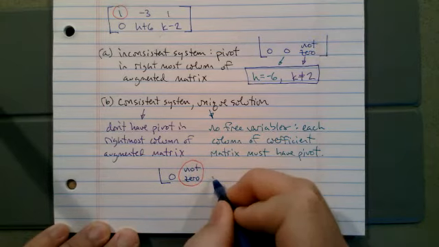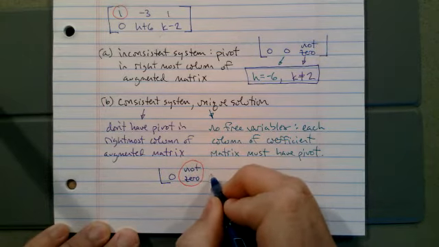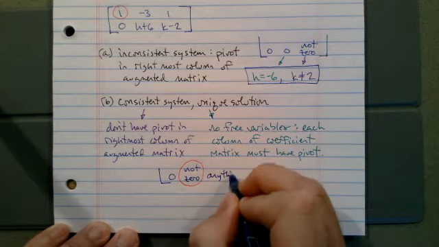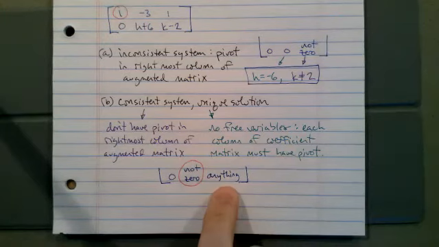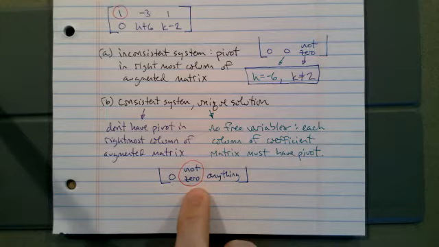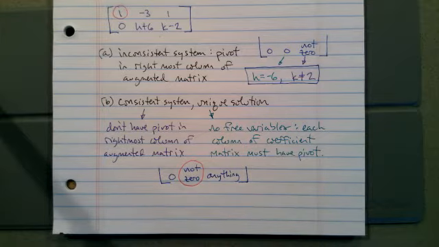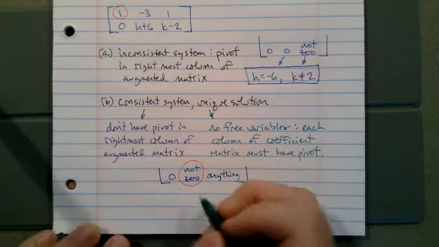So the third column can be anything. It doesn't matter if we get a 0 or a non-zero in this last column because we've already filled up that second row with a pivot. So not 0 just means that h is not equal to -6.